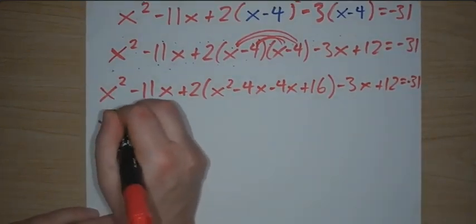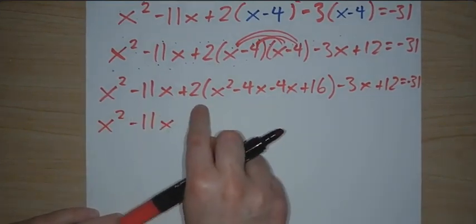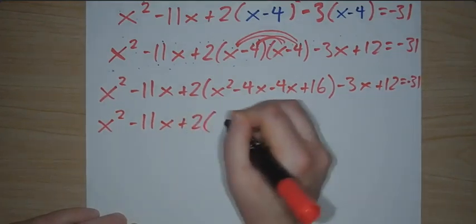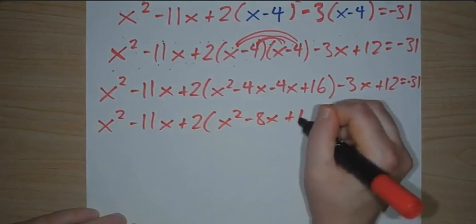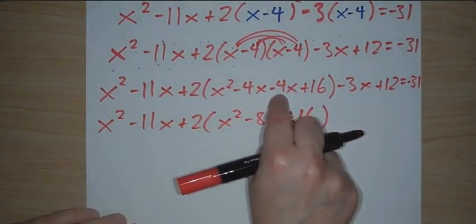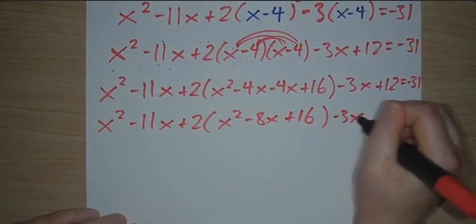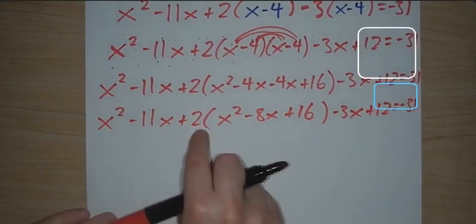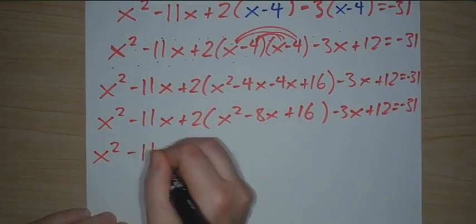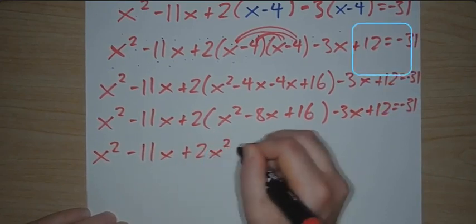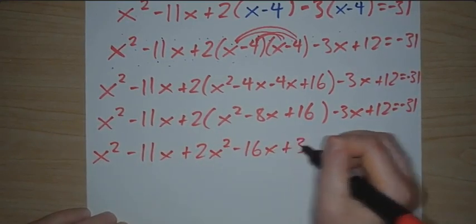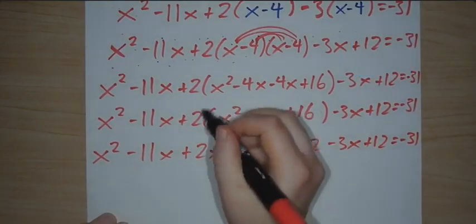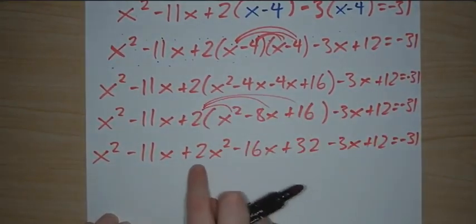Again, we have x squared minus 11x. Two terms can be put together, so we have 2 times x squared minus 8x plus 16, adding negative 4x plus negative 4x to get negative 8x. Minus 3x plus 12 equals negative 31. Now we can finally distribute the 2. So we have x squared minus 11x plus 2x squared minus 16x plus 32 minus 3x plus 12 equals negative 31.